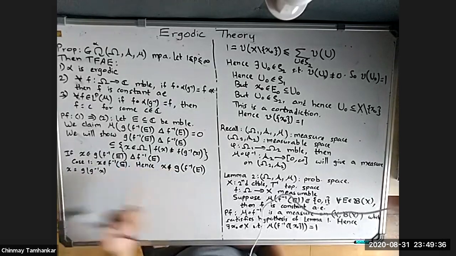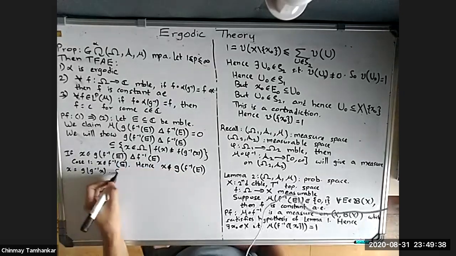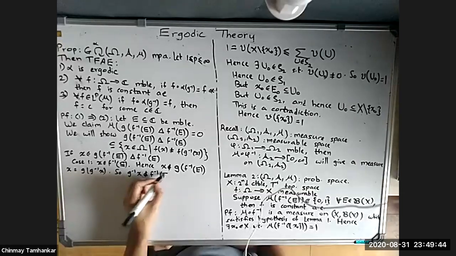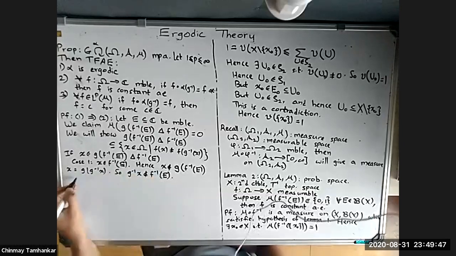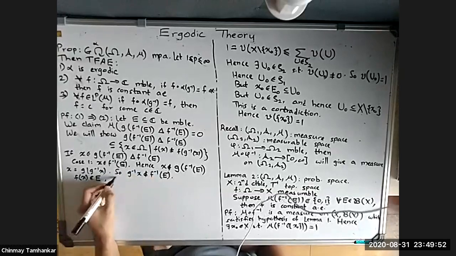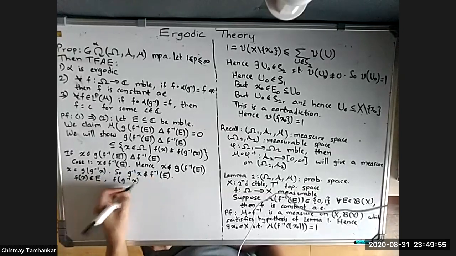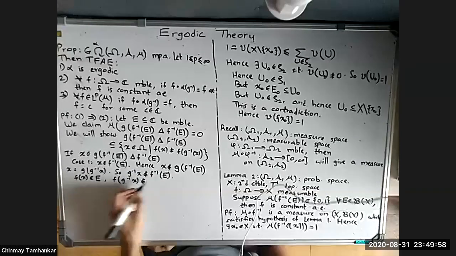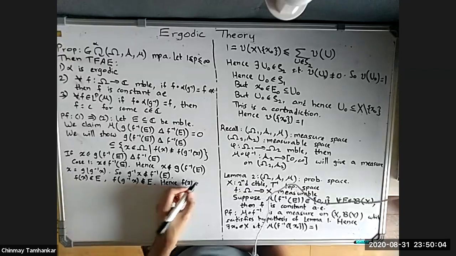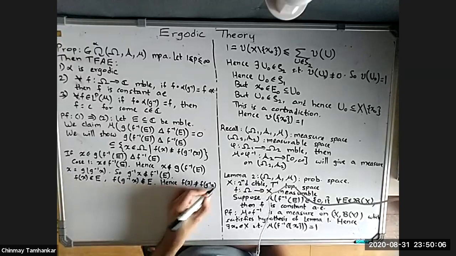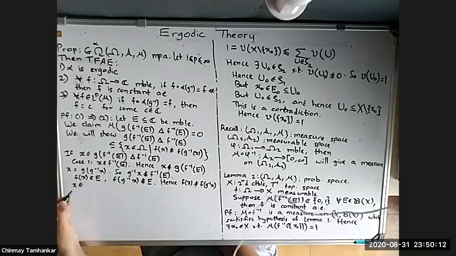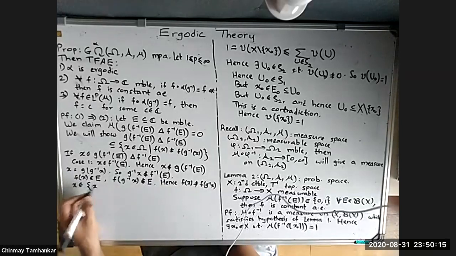So what this means is that G inverse x is not in f inverse E. Since x is in f inverse E, we know that f of x is in E, and f of G inverse x is not in E. Hence f of x is not f of G inverse x. So hence x is in this set.